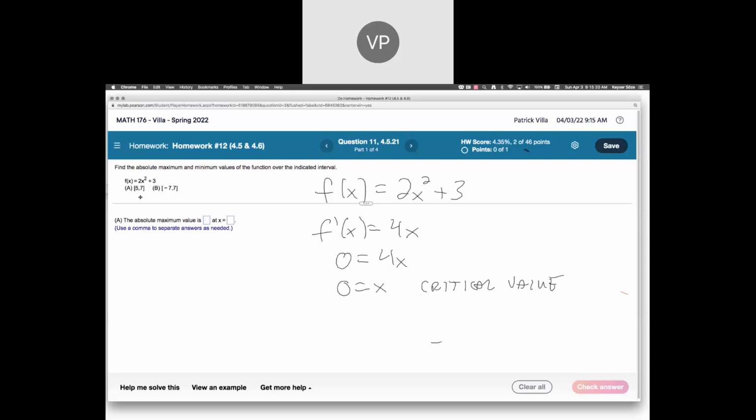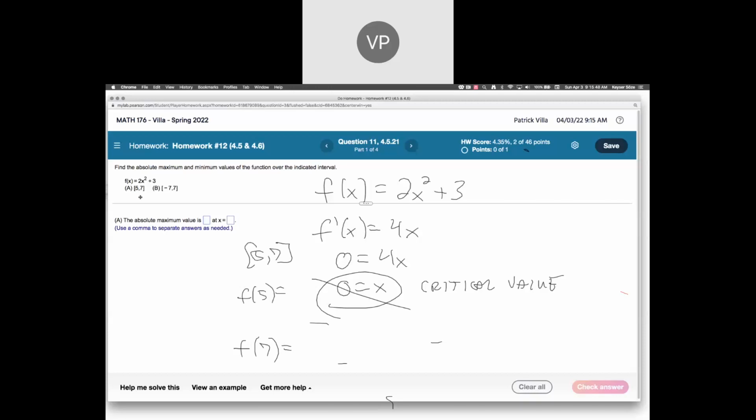Okay, so for my first interval, we're going between 5 and 7. Now you look at this right here. This is not in between 5 and 7. So for now, we're not even looking at it. For the first part of this problem, all I want to find is f of 5 and f of 7, and I have nothing else. And those will be my maxes or mins, whatever they might be.